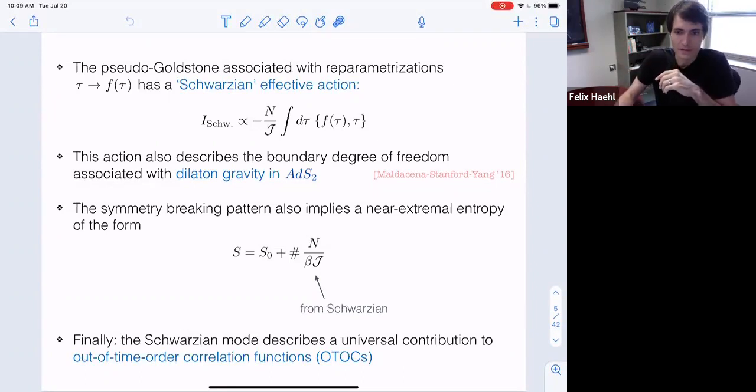Another point to mention is that this symmetry breaking pattern also determines much of the thermodynamics and various dynamical questions. Here's just one example, which is the entropy of the system.